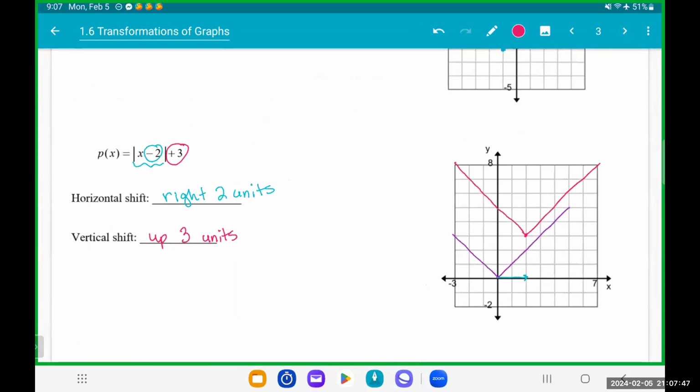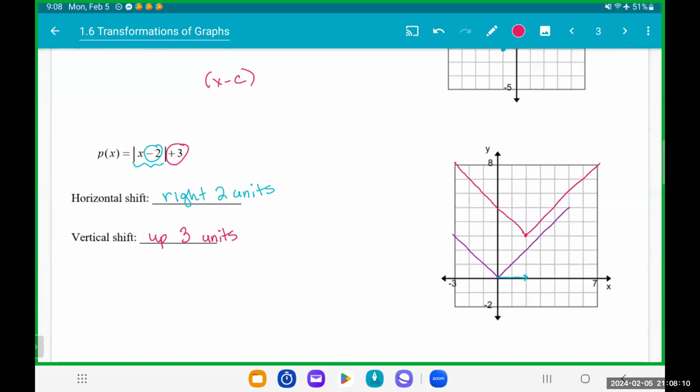And we'll see later, our standard form is x minus c, which is some constant number. That's standard form. This is how I think of it: in my mind, that means we move to the right.